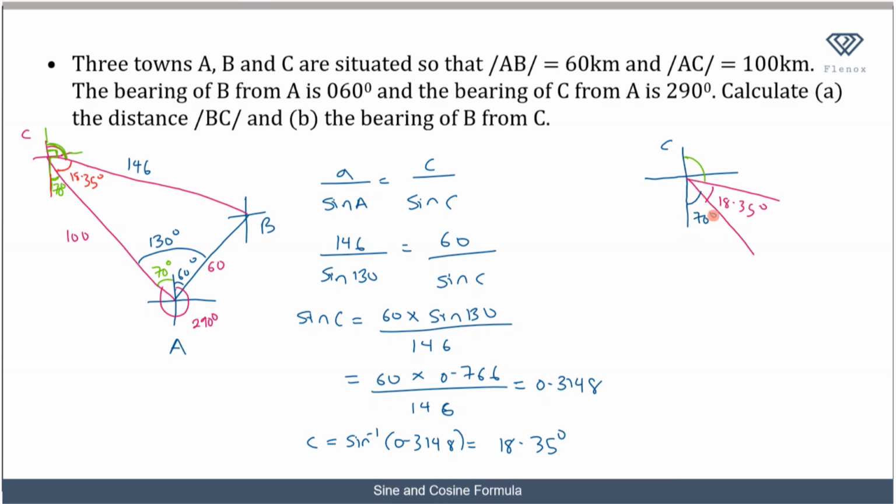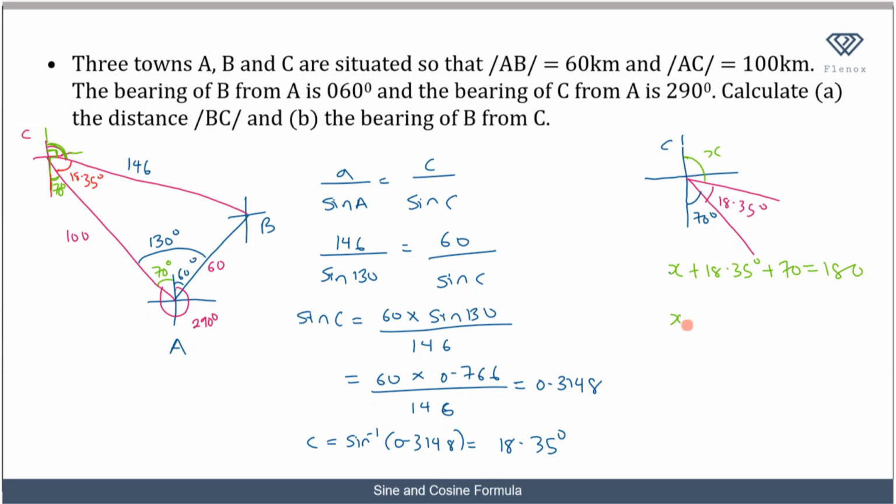Now we can see that this is a straight line, so the sum of this angle in green plus this angle over here plus this angle here must be equal to 180 degrees. So I can write that this angle over here, let me call it x, so x plus 18.35 degrees plus 70 must be equal to 180.